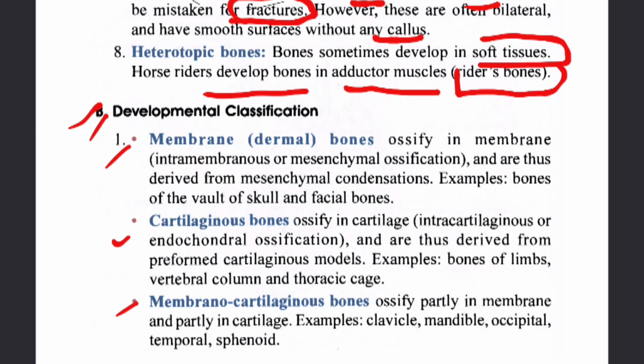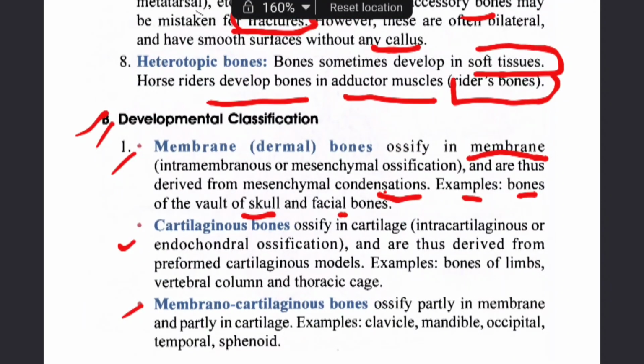Membranous bones or dermal bones ossify in the membrane, intramembranous or mesenchymal ossification, and are thus derived from mesenchymal condensations. Examples: bones of the vault of the skull and the facial bones. Remember this part: the bones of the vault of the skull, that is the cranium, and facial bones are the membranous bones that are developed from membrane.